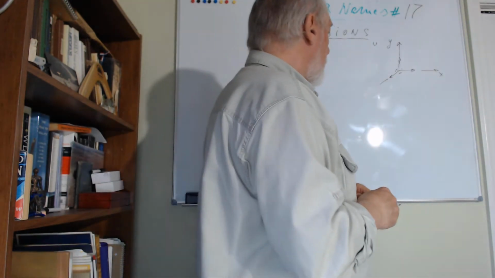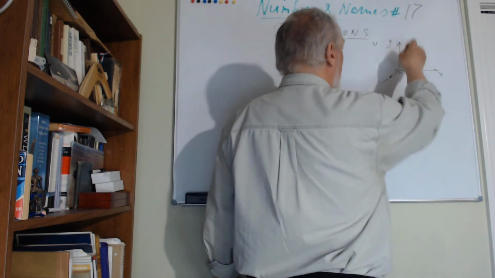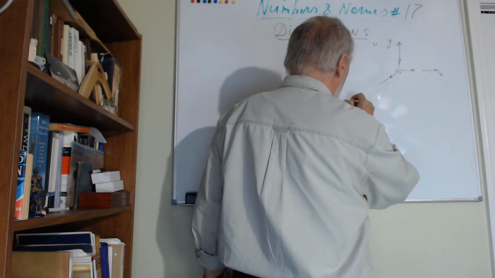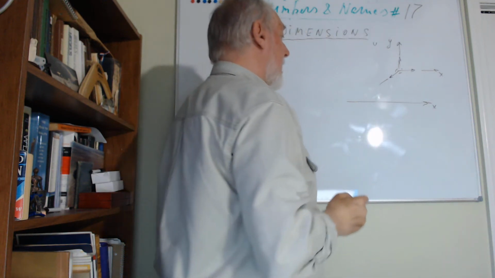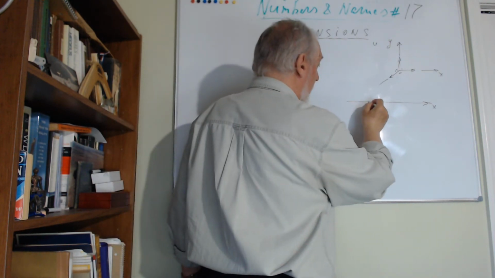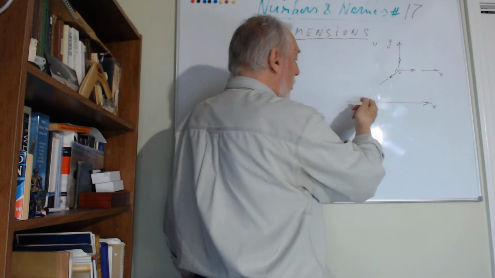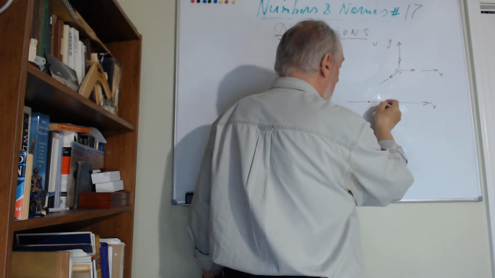So how does it look? These directions are called dimensions. How does it look in the simplest way? Let's take some axis x, right? And we have some point. When it moves, or in other words, the point is doubled, there are 2 points.